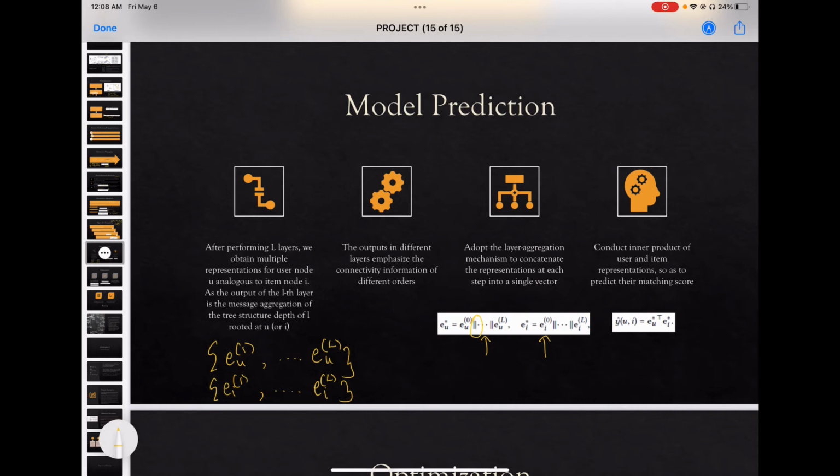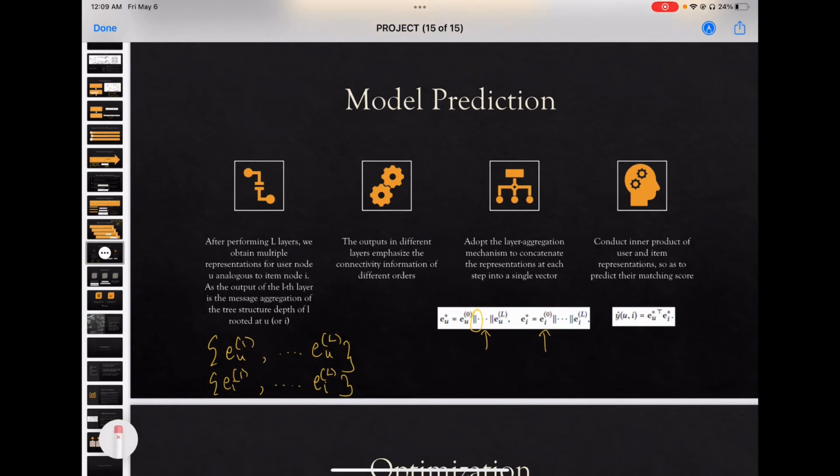By doing so, we are not only enriching the initial embeddings by performing the embedding propagation operations, but also allowing controlling the strength of propagation by adjusting L. Finally, an inner product of user and item representation is taken so as to get the matching score.